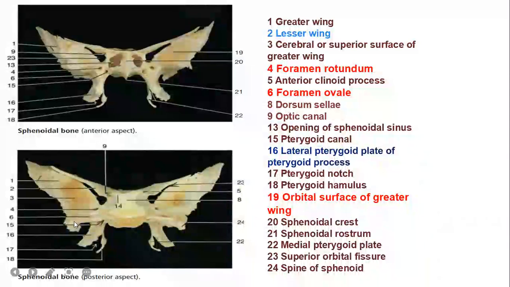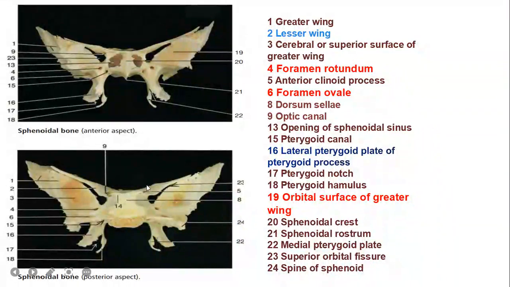Then let me just move using the numbers. The part labeled 8 is the dorsum sellae. And then the part labeled 9 above there, which is clearly seen, or else it's also here. So the 2 points are the optic canal.